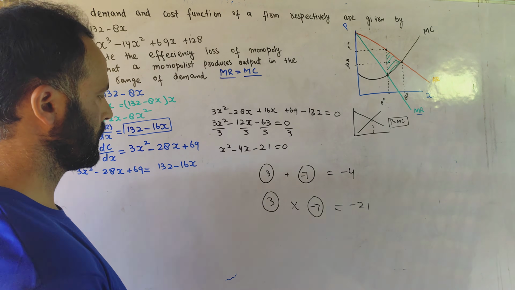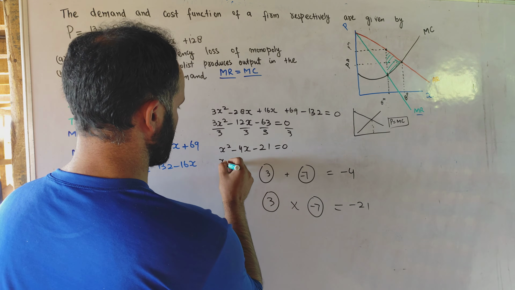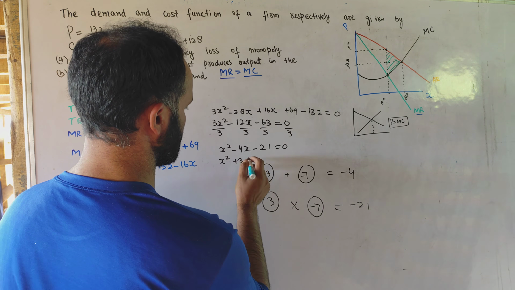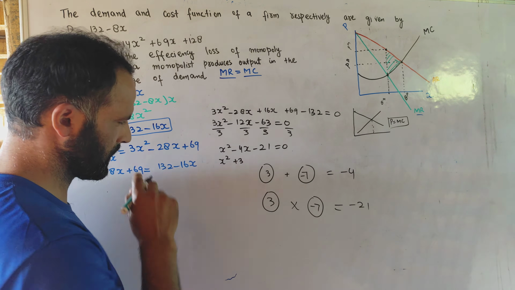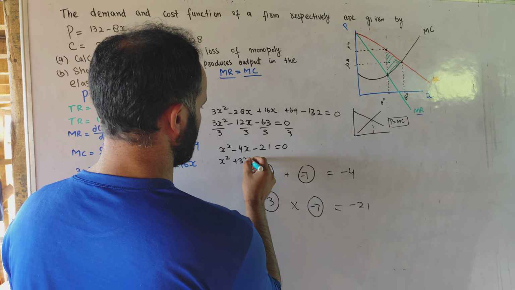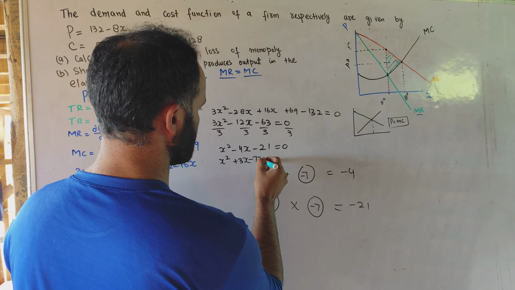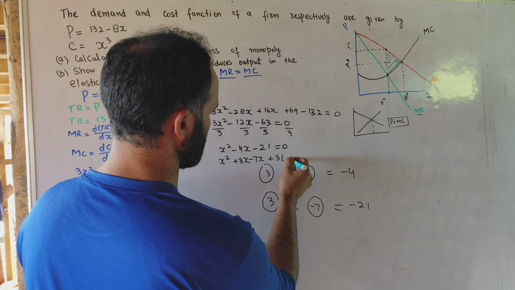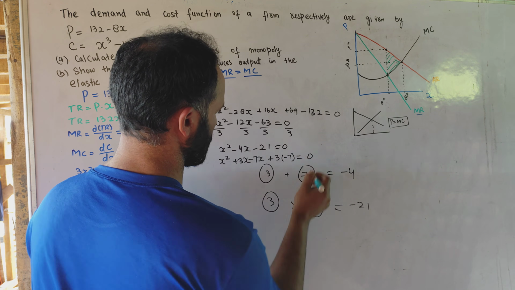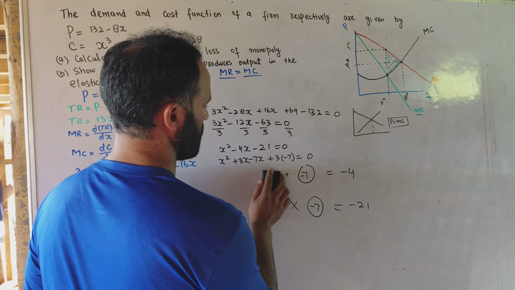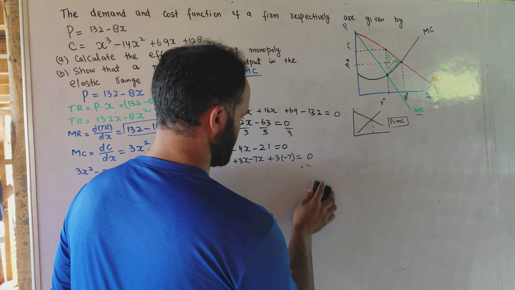Can we rewrite it like this? x square, in place of minus 4x, plus 3x minus 7x, and in place of minus 21, we write 3 into minus 7, and we set it equal to 0. Bear with me, you will learn enough in this question.